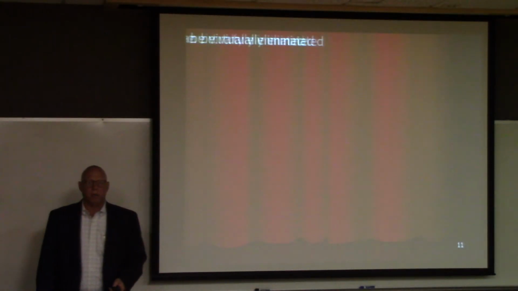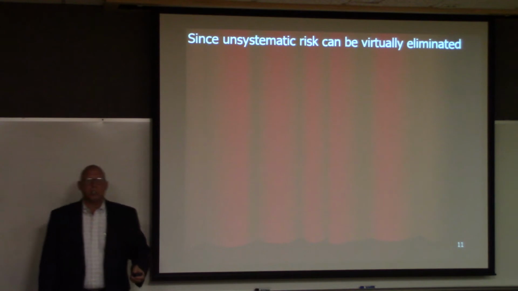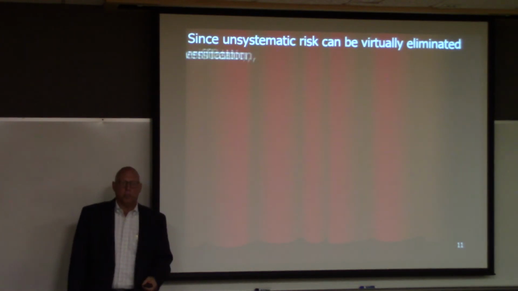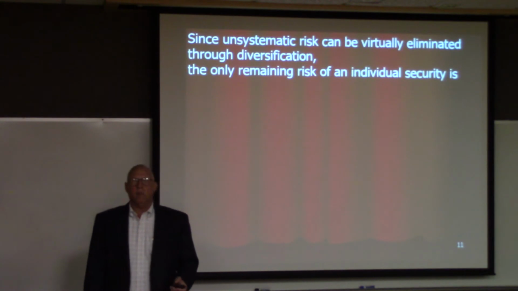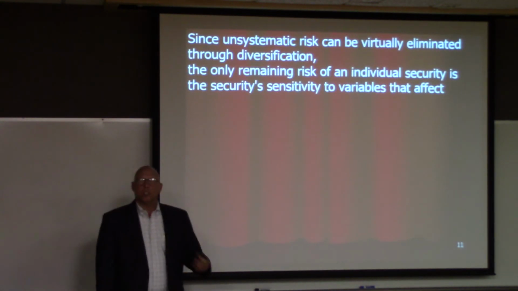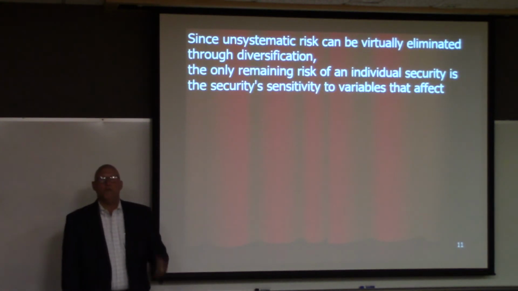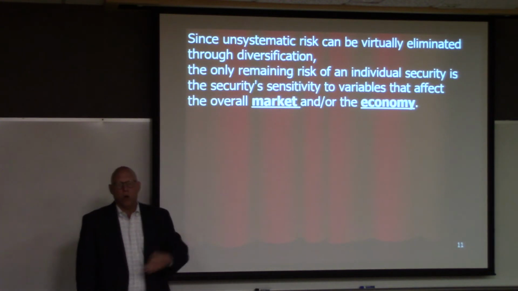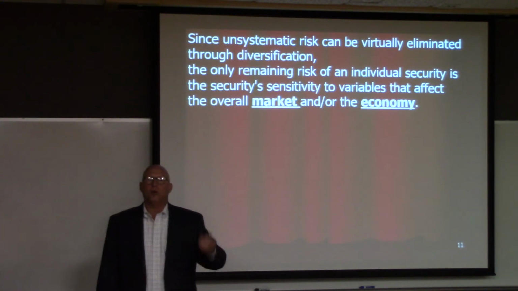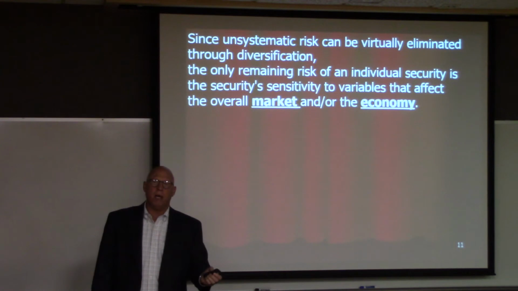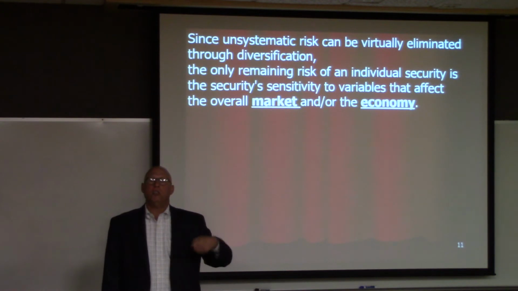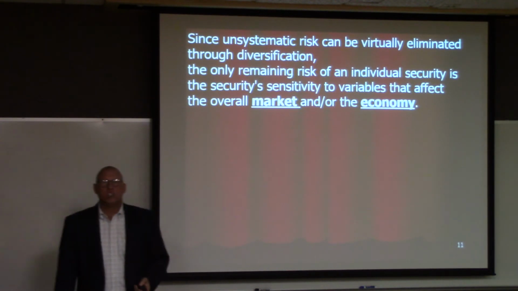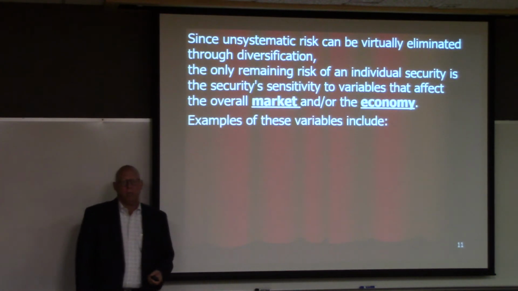Okay? Since unsystematic risk can be virtually eliminated through diversification, the only remaining risk of an individual security is the security's sensitivity to variables that affect the overall market or the economy. So company-specific risk is eliminated, but sensitivity to the overall market, sensitivity to the overall economy is not eliminated by diversifying.